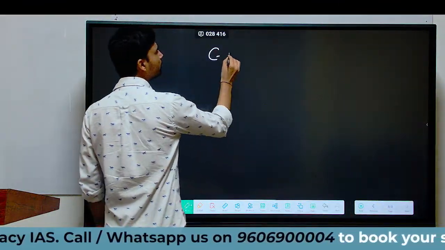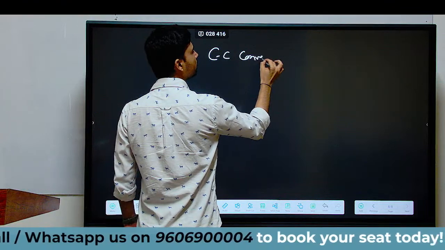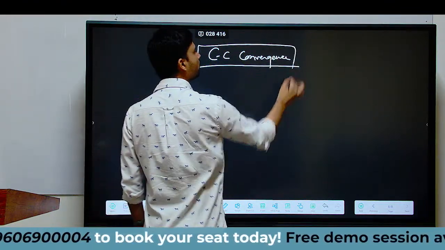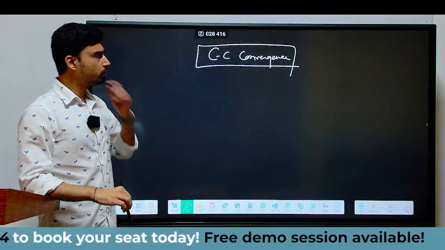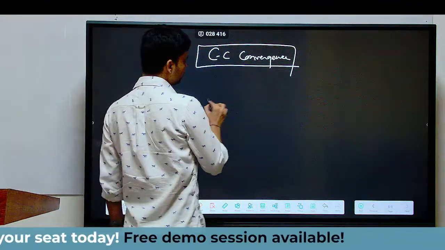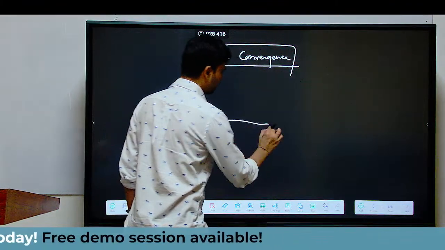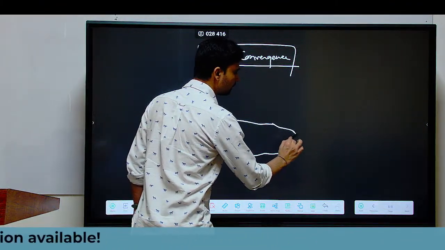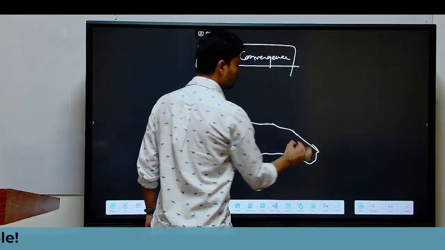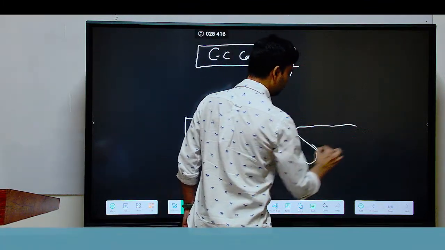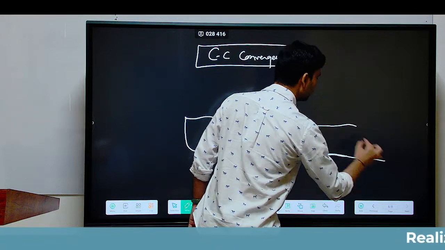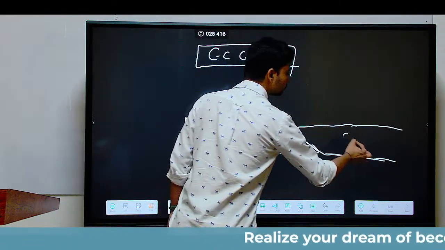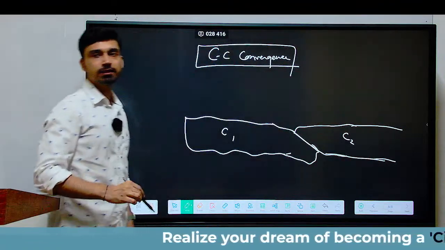The third type of plate interaction is what we call CC convergence, convergence between two continental plates. In CC convergence, we have two thick continental plates colliding with each other. We can call them C1 and C2.